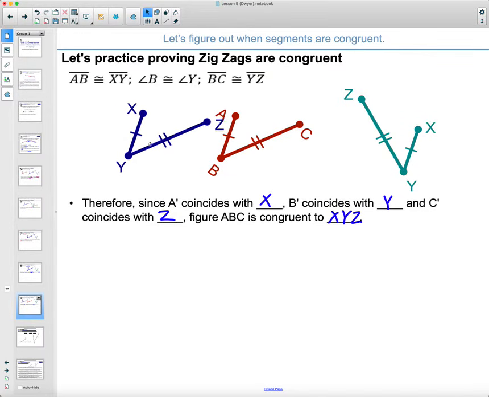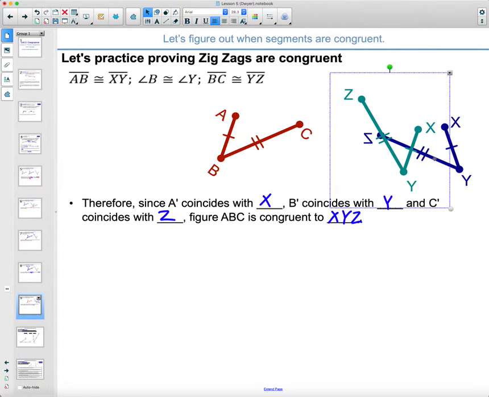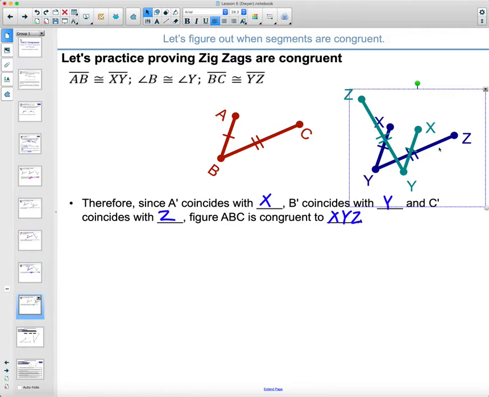So your first move, move it over. Second move was to flip it if needed, because it could have been this picture. So flip it over, make sure it's on the correct side. If it wasn't on the correct side to start with, make sure it is. So you can flip it over if you need to.